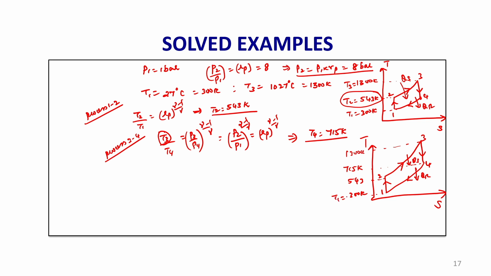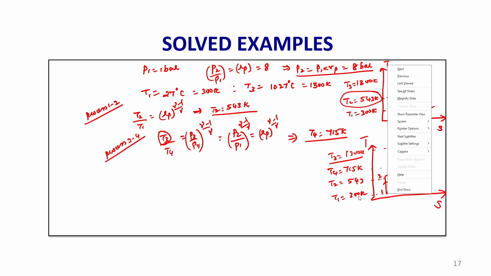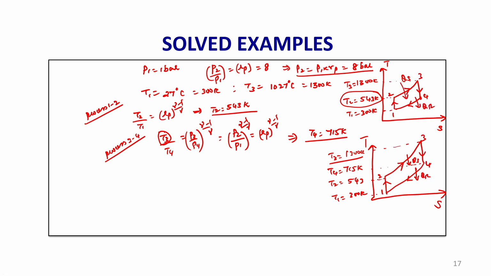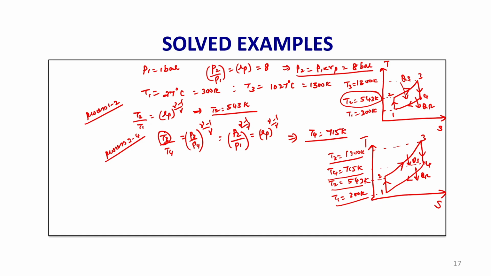So, the temperatures are in the order: state point 1 is the lowest, 300, then point 2 after compression, 543, and point 4 should be above point 2 because T4 is 715, all in Kelvin. So, this is the exact representation of the TS diagram. Point 4 should not lie below point 2. Now, we have found T2 and T4.